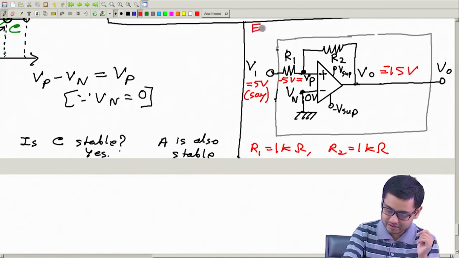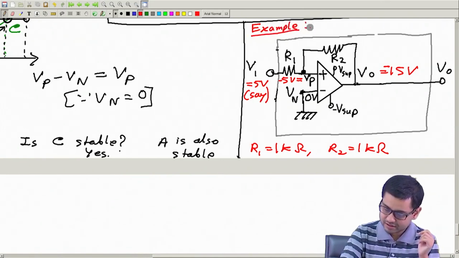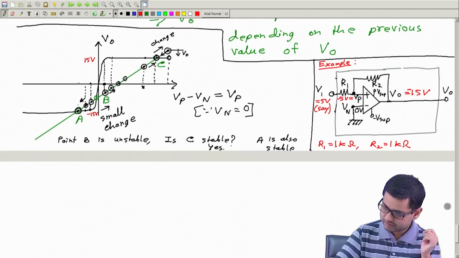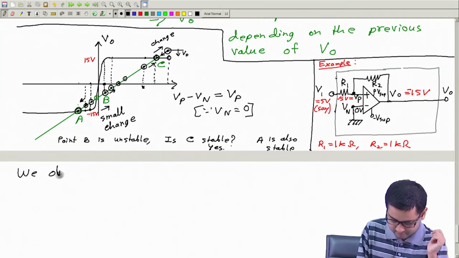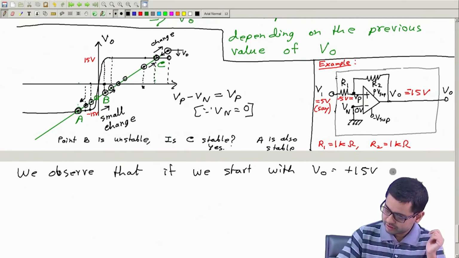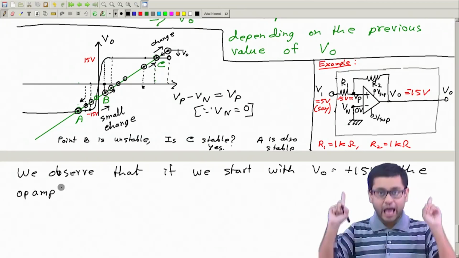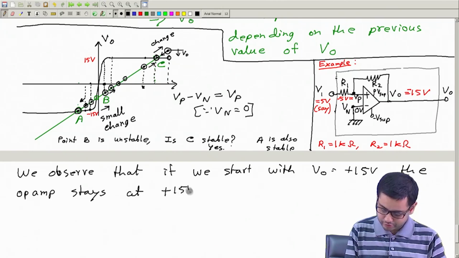So in this example, let me write. So we observe that if we start with VO equal to plus 15 volt, the op amp stays happily at the same value.